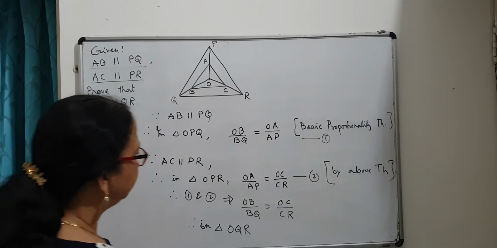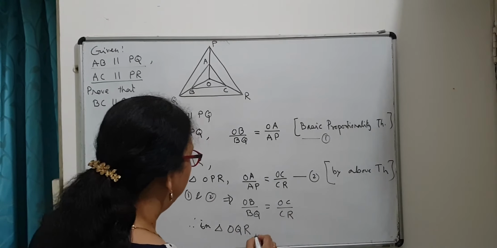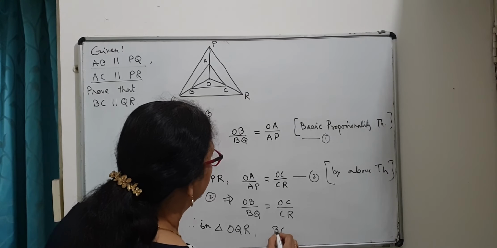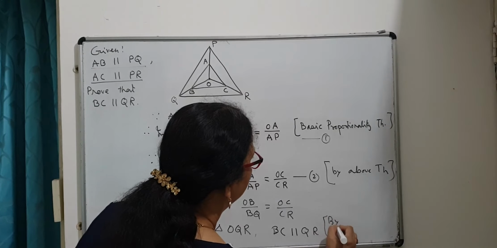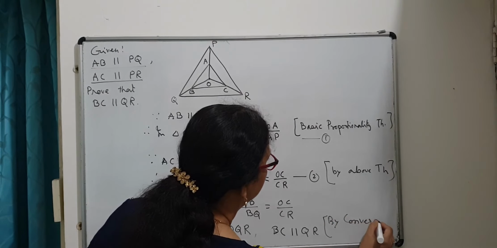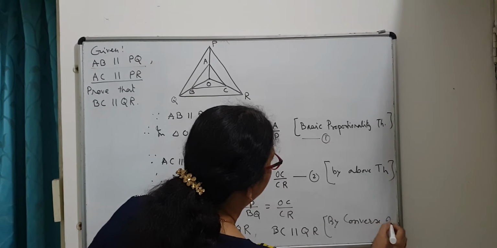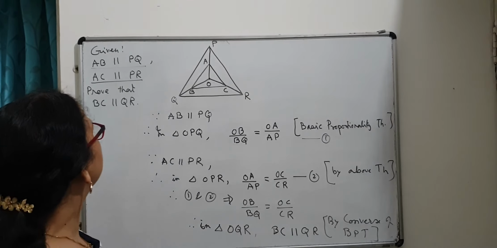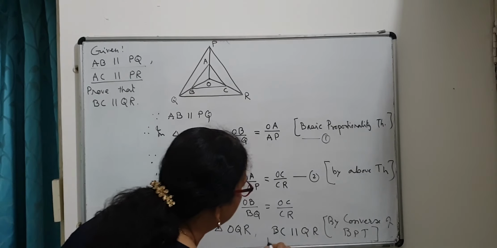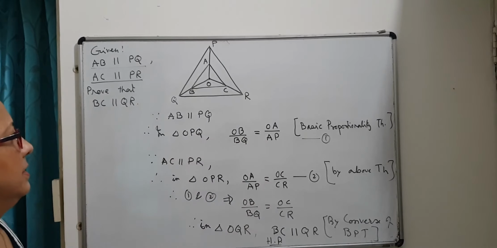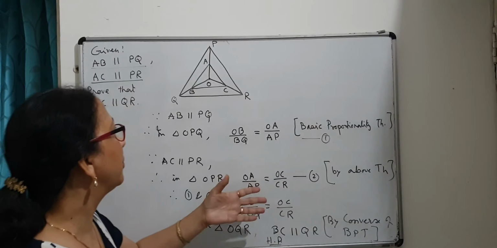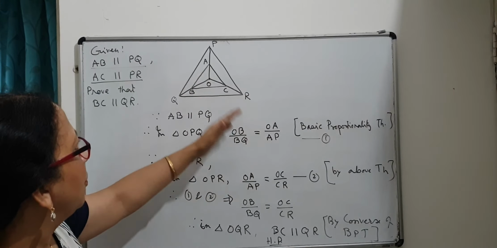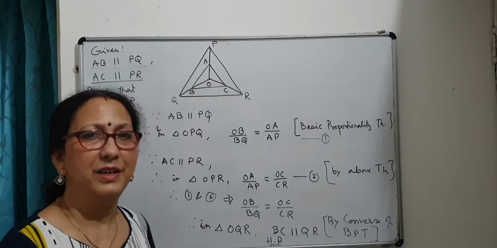So we can write that BC is parallel to QR, by the converse of the basic proportionality theorem. Hence proved. We were asked to prove BC parallel to QR, hence proved. In this way, simply by observing, we can solve this kind of geometry questions. Here I have shown you the application of both BPT and its converse. Okay, that's all for today.